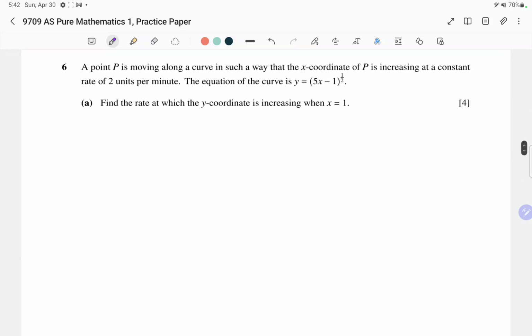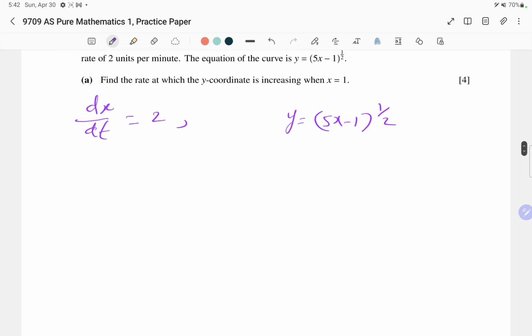Now come to the next question, which is question number 6. Point P is moving along the curve in such a way that the x coordinate of P is increasing. So dx over dt increases at a constant rate of 2 units per minute. The equation of the curve is given to us: y equals (5x minus 1) to the power half. Find the rate at which the y coordinate is increasing.